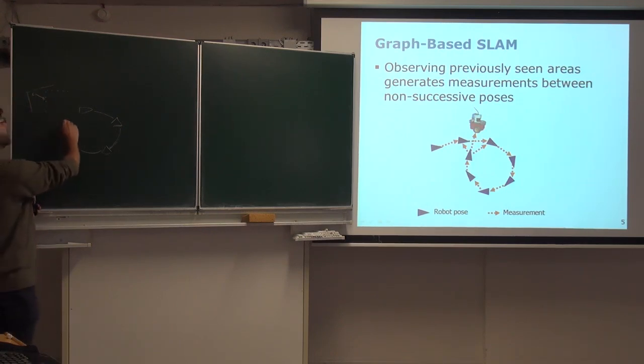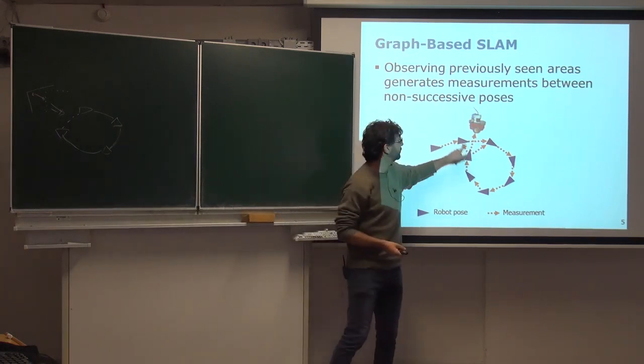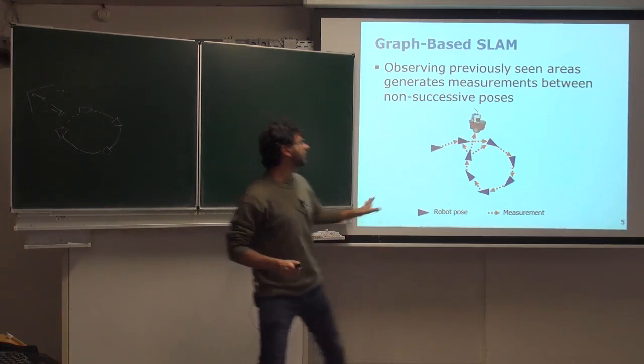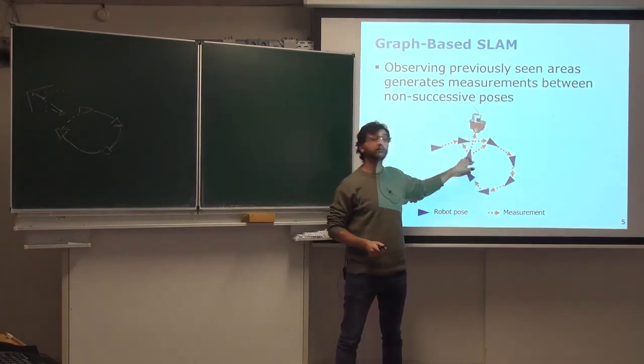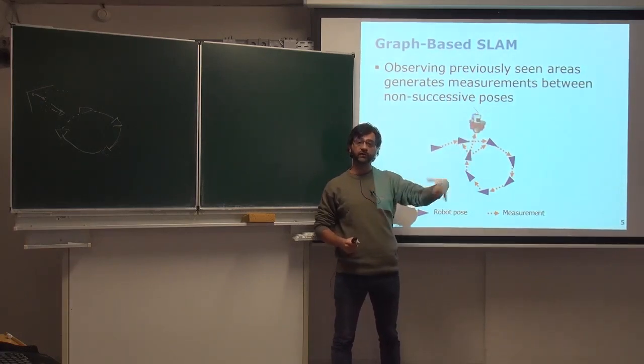Okay, so in such a way that we try to align these two using ScanMatcher, for instance. And this gives us an indirect measurement between these two poses. Okay, because they are observing the same thing in the world. And that's what we put in this arrow here and this arrow here. Okay? So basically, this whole concept is to build a graph with a set of nodes, and all of these are poses where the robot was during the time.